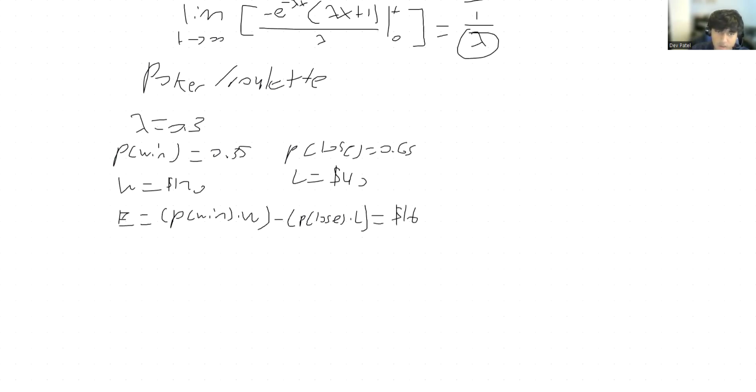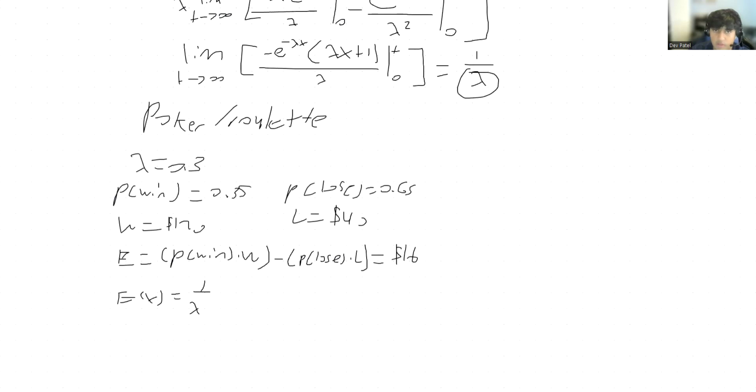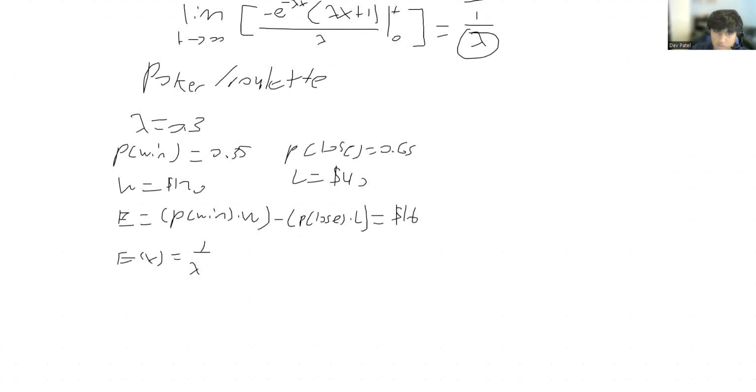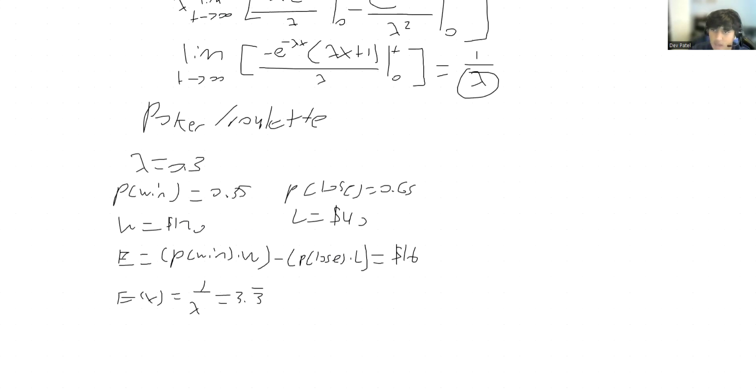Now, the expected value of our continuous variable in this case is given by 1 over lambda, based on how we derived it, where lambda is equal to 0.3, which in this case will equal 3.3 hours. Now, interpreting this would mean that every 3.3 hours, expect to profit $16.